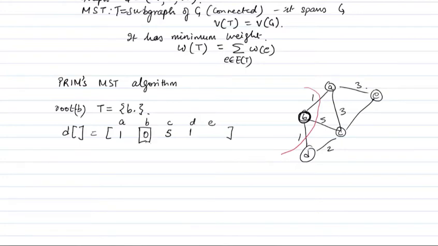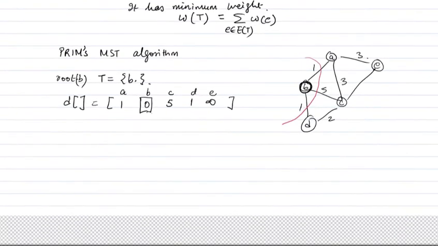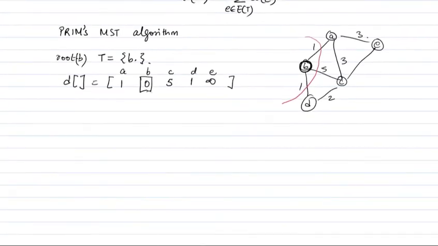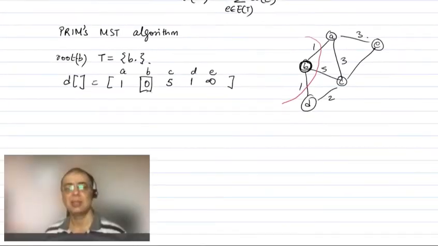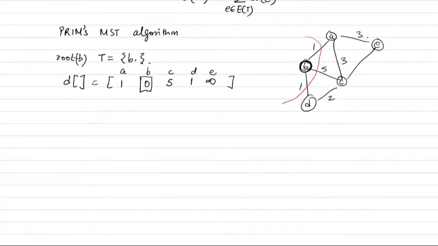So E is not reachable, and I initialize E to be infinity. Now Prim's algorithm picks one of these edges which has the minimum distance. Of the edges going out of T, which one has minimum distance? It's either A or D.